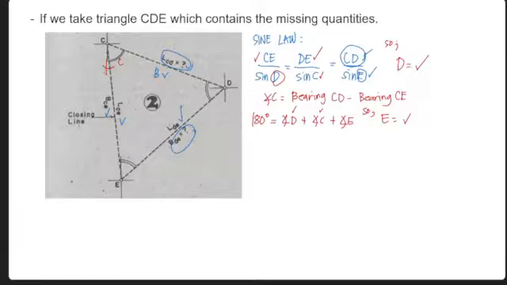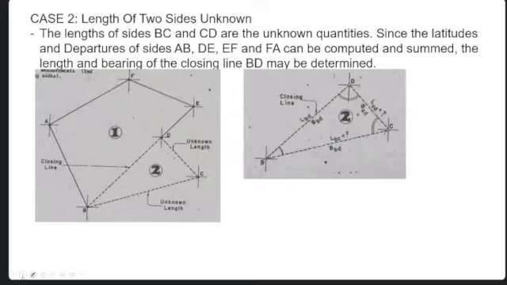The length of one side is unknown and the bearing of another side is unknown. Next. So, case number 2, the two adjoining sides, unknown yung length niya. So, parehas wala yung length nila. So, for our figure, we have A, B, C, D. So, this time, this is counterclockwise naman, no?